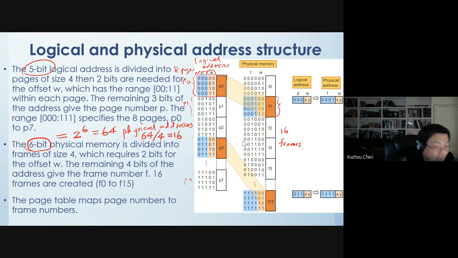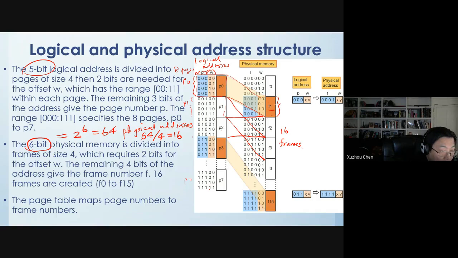Suppose I load page 0 into frame number 1, and I load page 1 into frame number 3. Page 2, I can load into frame number 2.